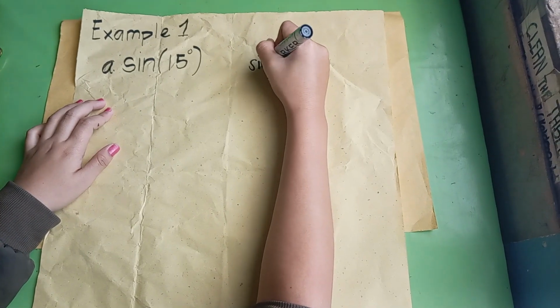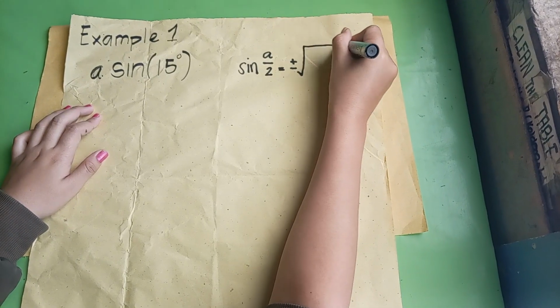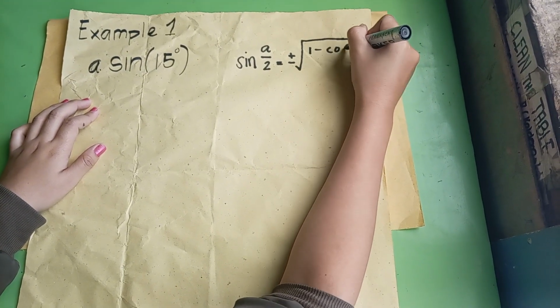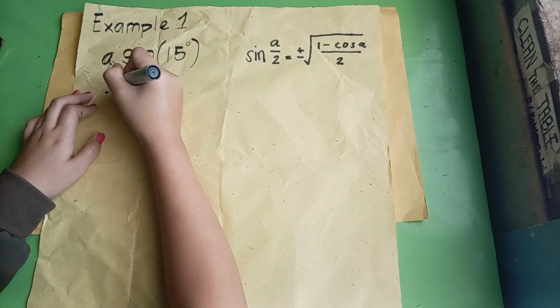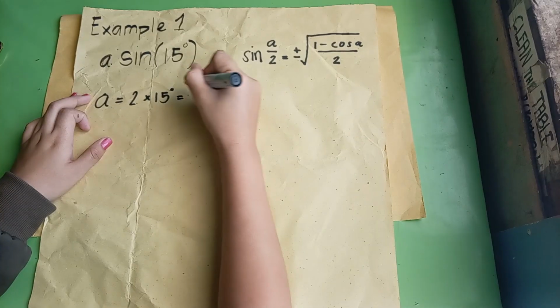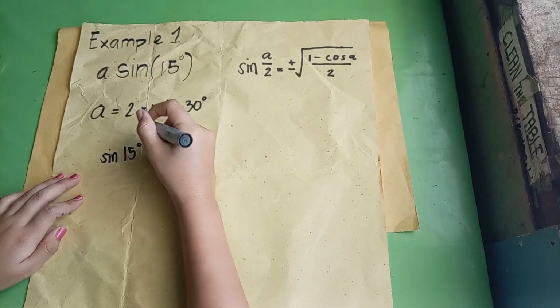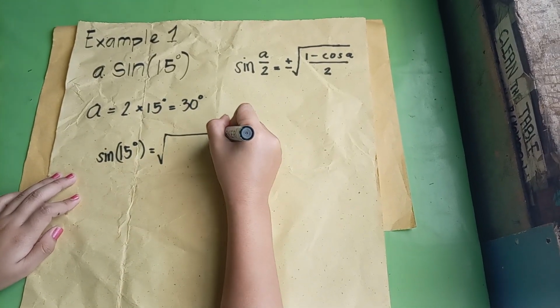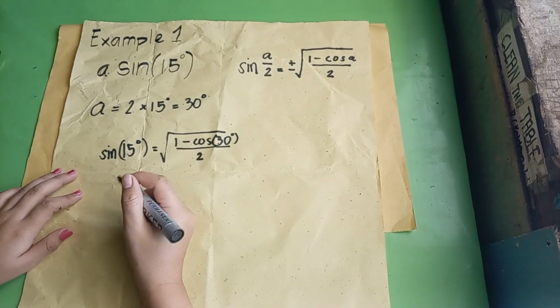Example number 1. Finding the exact value using the half-angle formula. Sine of 15 degrees. To find the exact value of this expression, we use the half-angle formula. To use this half-angle formula, we must find an angle alpha such that alpha over 2 is equal to 15 degrees. Since 15 degrees is in the first quadrant, where the sine function is positive, we use the positive square root.